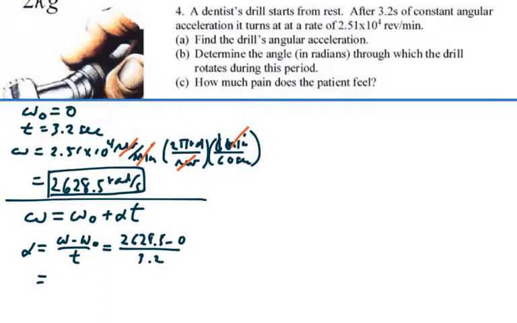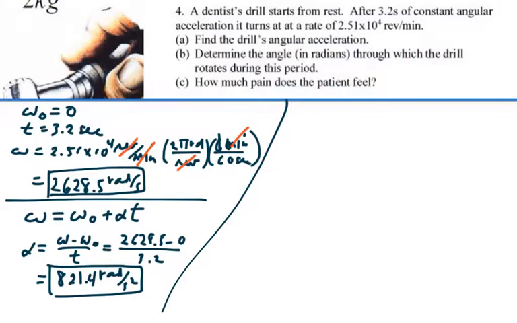And that's equal to 821.4 radians per second squared. So that is our angular acceleration for this drill.